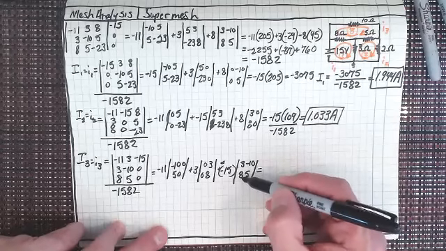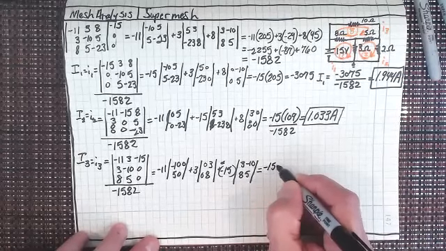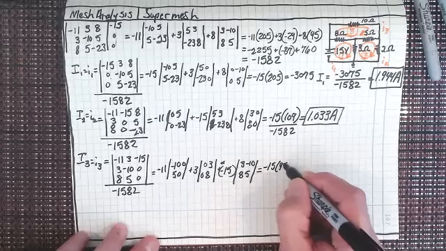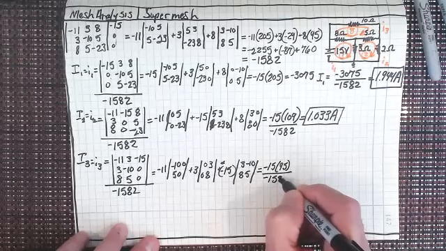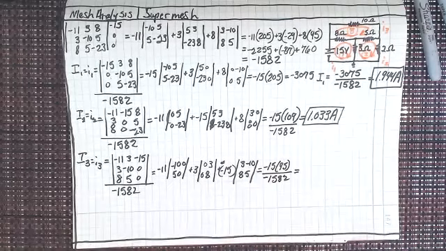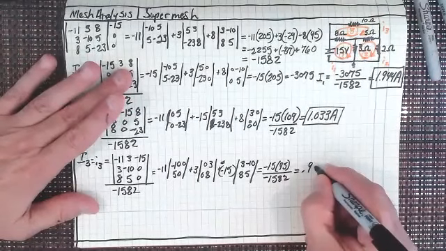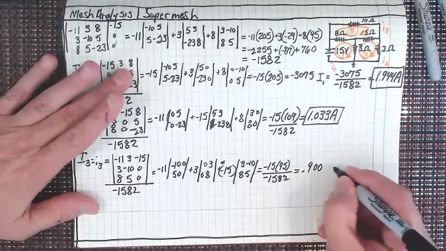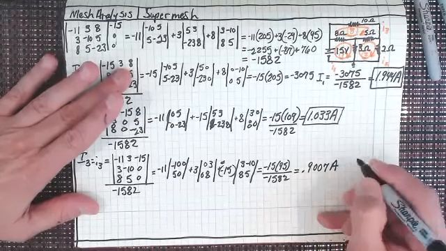So 80 plus 15 is 95. So minus 15 times 95, all divided by our minus 1582. And let's just see what that is. 15 times 95 divided by 1582 gives me 0.90007 amps.